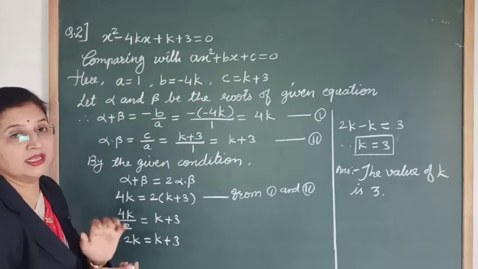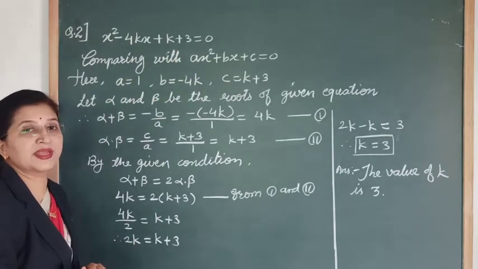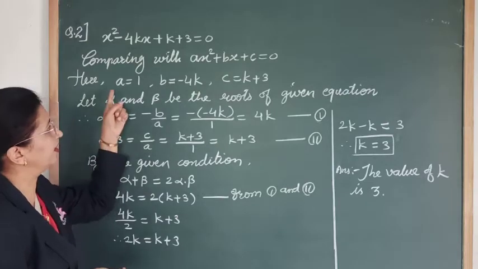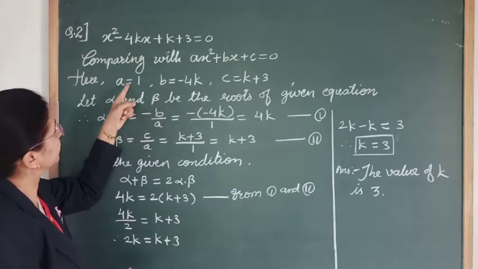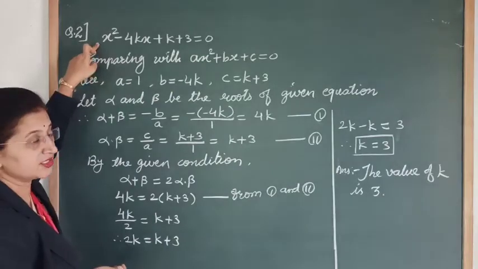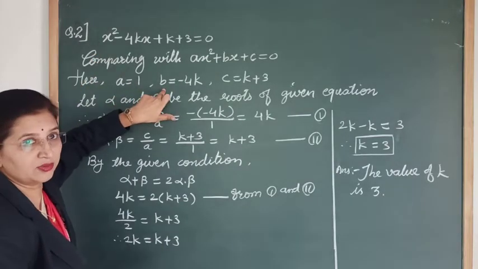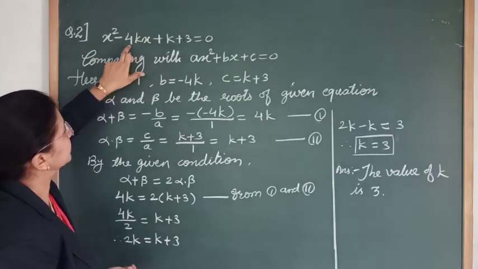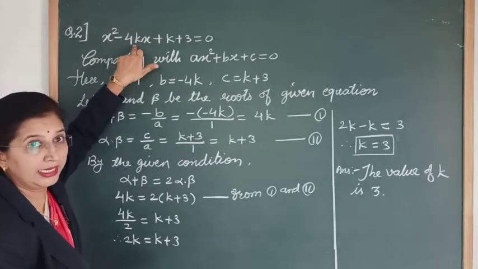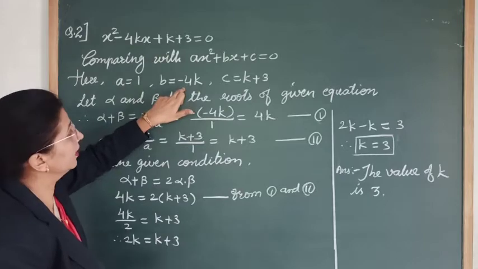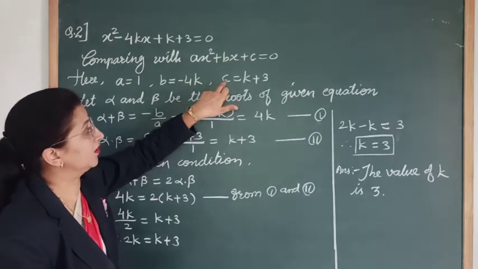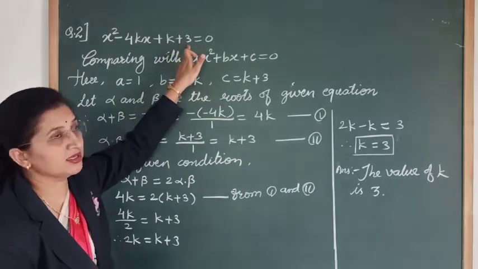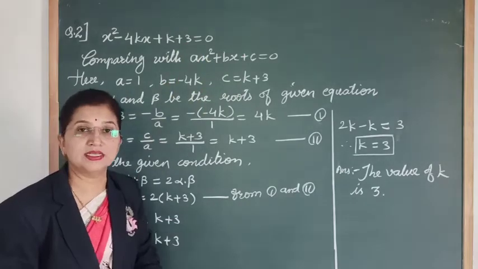So comparing with the standard form ax square plus bx plus c is equal to 0, let's write down the values of a, b, c. a is the coefficient of x square, that is 1. b is the coefficient of x, that is negative 4k. Now c, the constant term, is k plus 3.